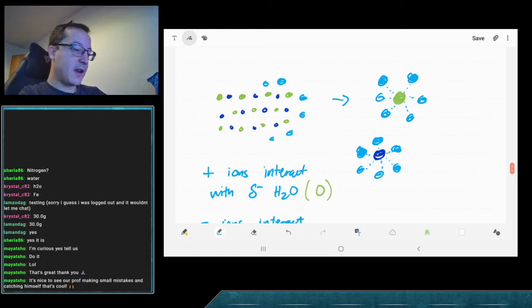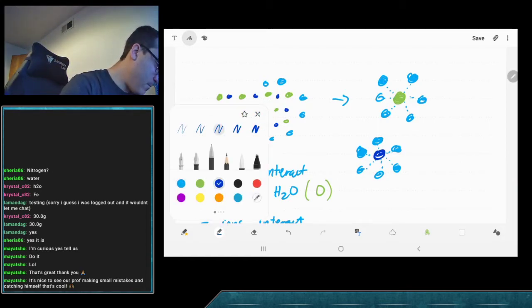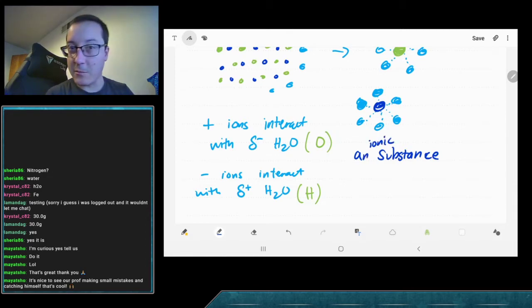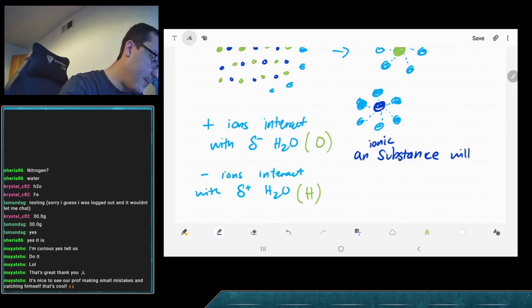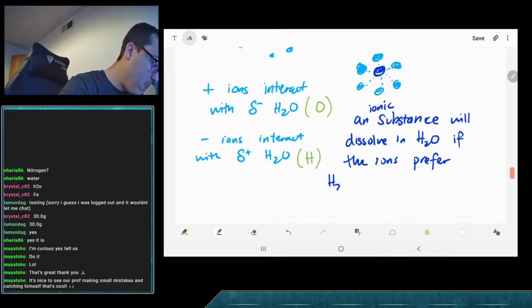So with that in mind, an ionic substance will dissolve in water if the ions prefer the water to each other.